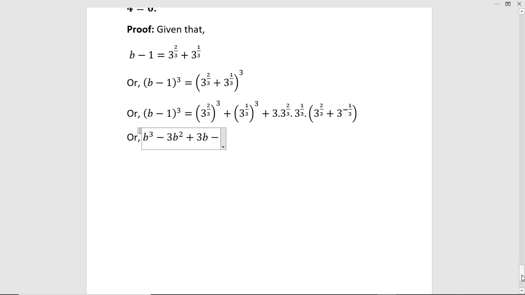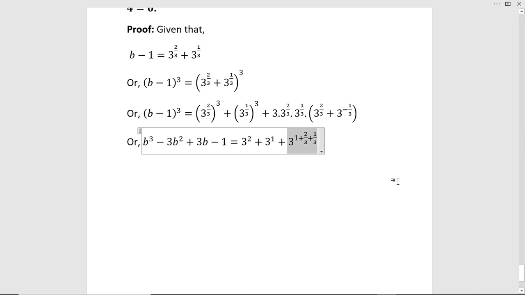Now we will get b cube minus 3b square plus 3b minus 1, using the formula a cube minus 3a square b plus 3ab square minus b cube. The formula becomes this expression, and at the right side we will get 3 to the power 2, 3 to the power 1, 3 to the power 1 plus 2 by 3 plus 1 by 3, into b minus 1.